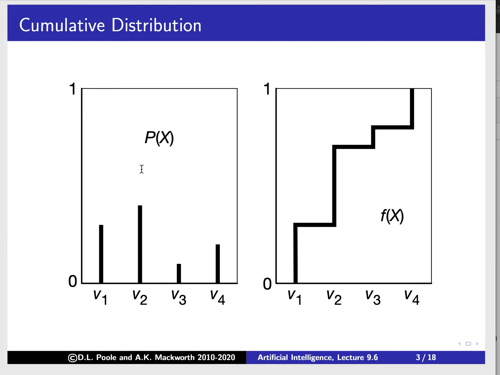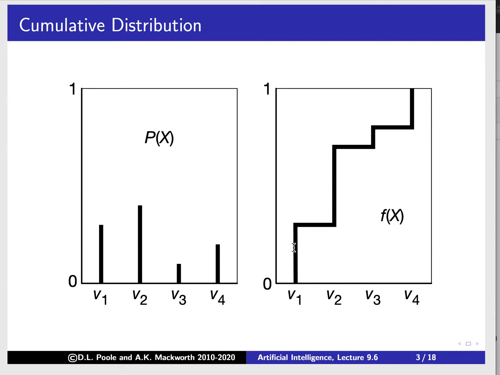So here's p of x on the left. Suppose the probability of v1 is 0.3, the probability of v2 is 0.4, the probability of v3 is 0.1, and the probability of v4 is 0.2. Now we draw the cumulative distribution.